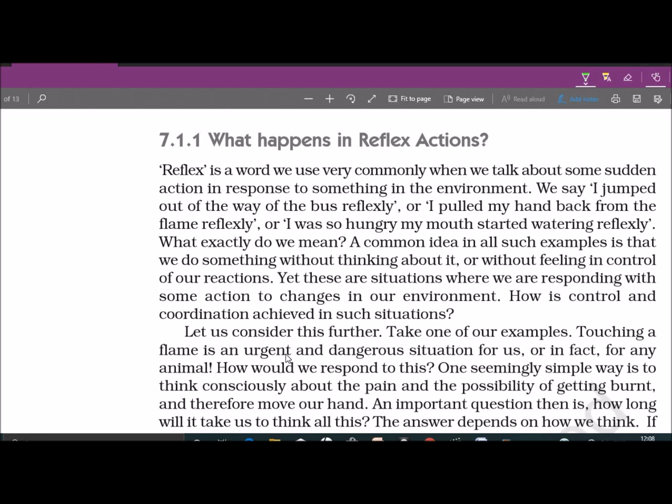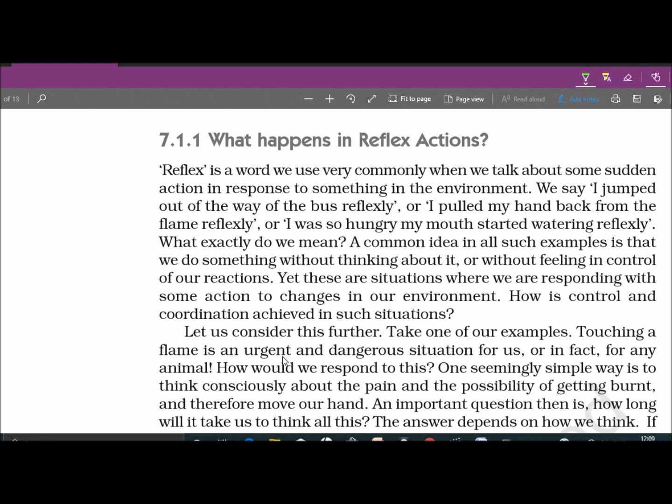The involuntary action is meant for controlling and coordinating the functioning of the internal organs. Voluntary action of the nervous system is performed under the conscious direction of the brain. For example, picking up a pen for writing. So, a reflex action is a spontaneous, involuntary, automatic response to a stimulus.